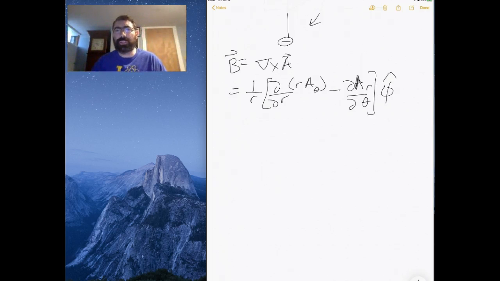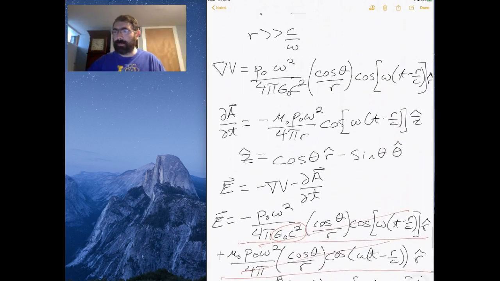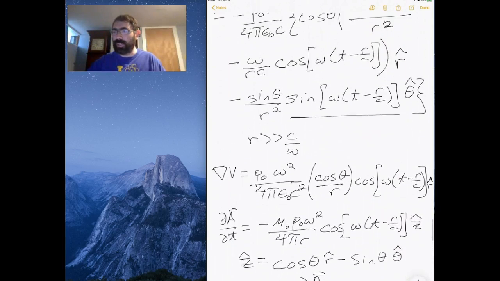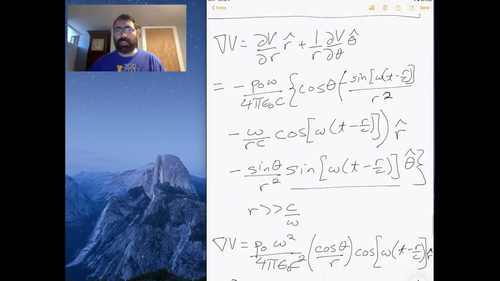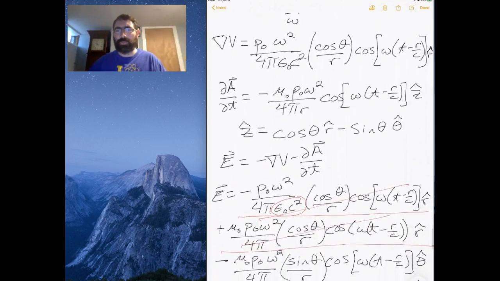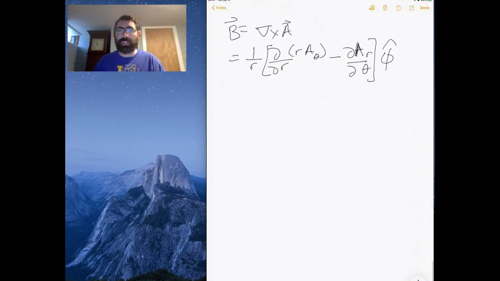So it turns out from the equation for the potential A right here, it's only in the z direction, which really means that it only has components in r and theta. And so this is the only term in the cross product that survives.